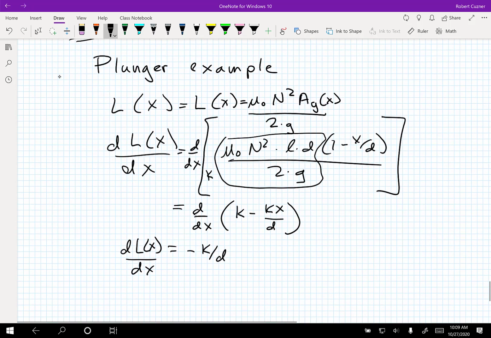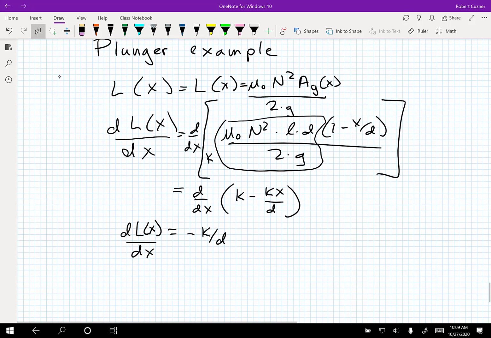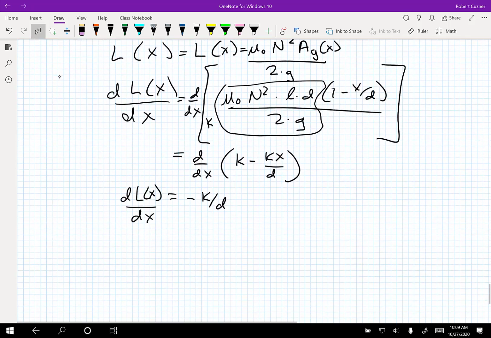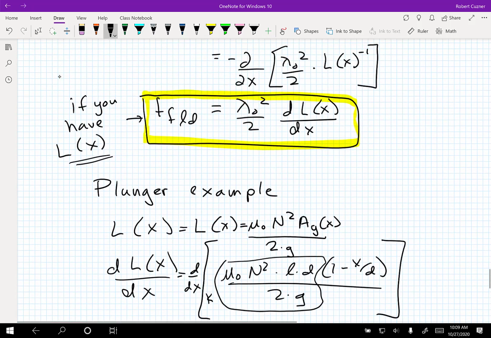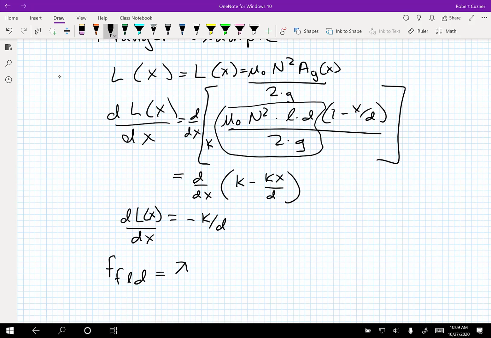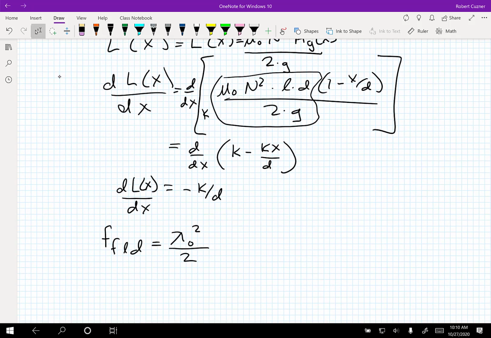That's the derivative right there. And then if we wanted to find the force, it would be the lambda evaluated at a specific position, because we'll have a different force at different positions of the plunger. The force will be varying.